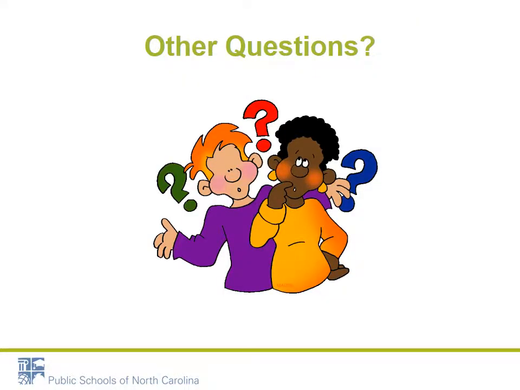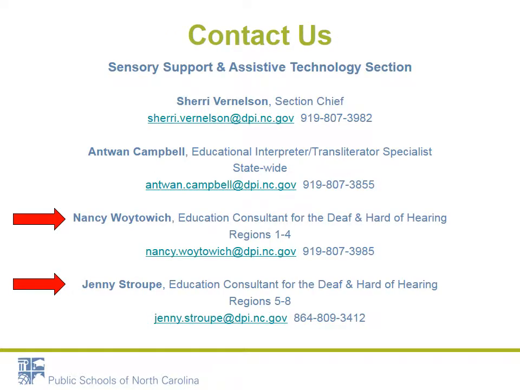If you have additional questions about this year's data collection, please do not hesitate to contact your regional consultant for the deaf and hard of hearing. Here are your regional contacts for this data collection. Myself, Nancy Wojtowicz, for regions 1 through 4, and you can reach me at 919-807-3985, or Jenny Stroop for regions 5 through 8 at 864-809-3412.